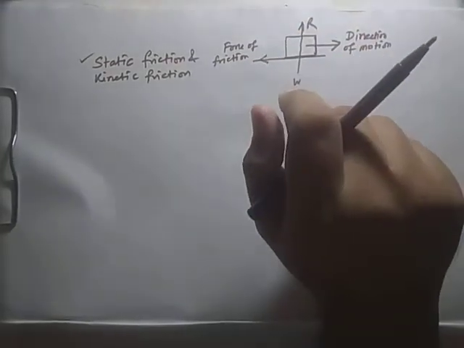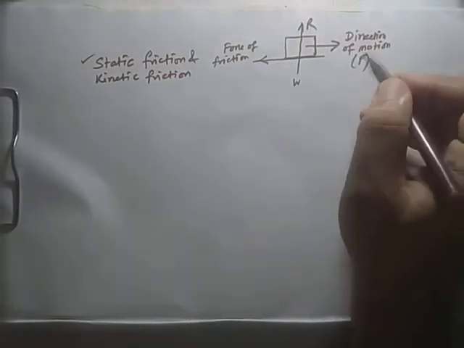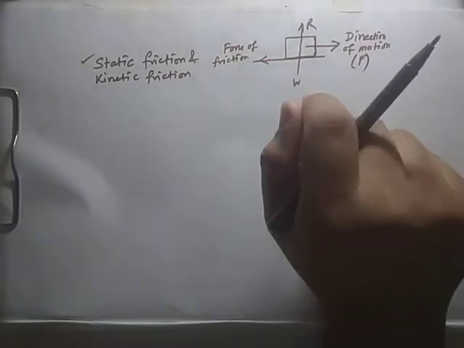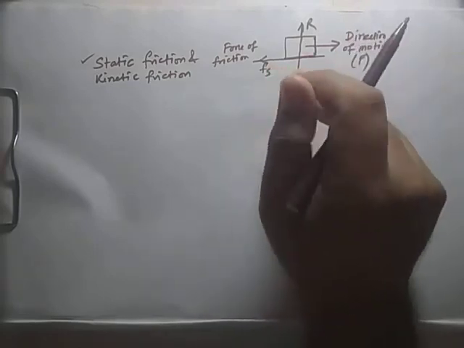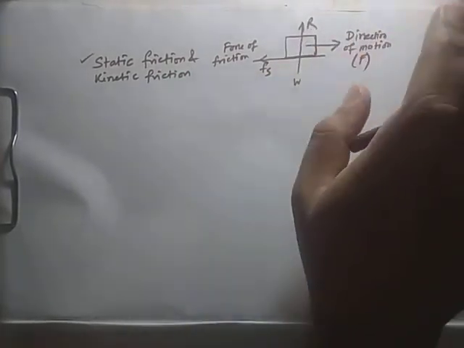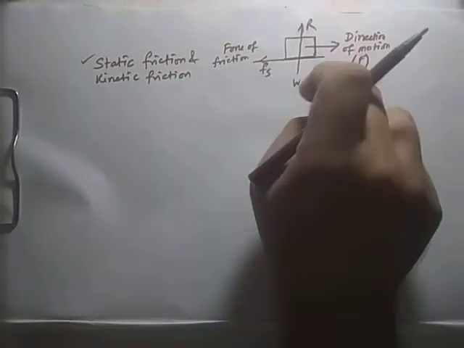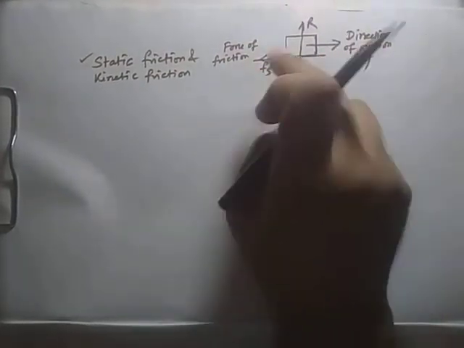Now if you apply a force F in this direction, then as soon as the force is applied on the block, a friction force Fs arises, pointing in the opposite direction of the applied force. Now the friction force Fs counterbalances the applied force F. This is called the static frictional force. Now this is balanced actually.